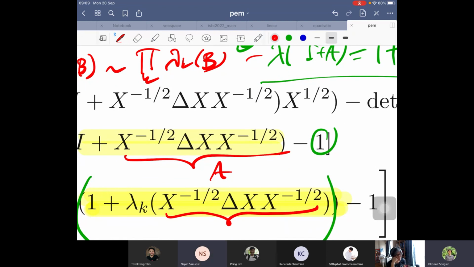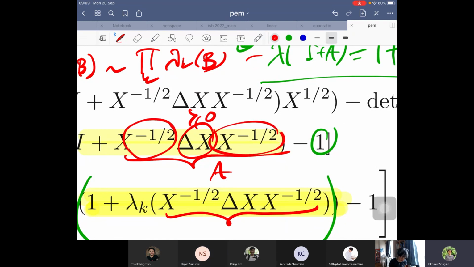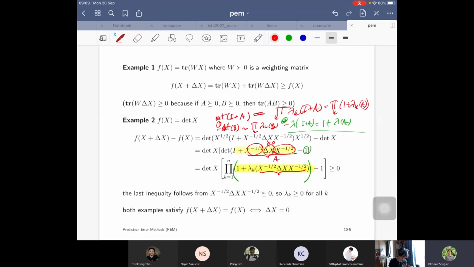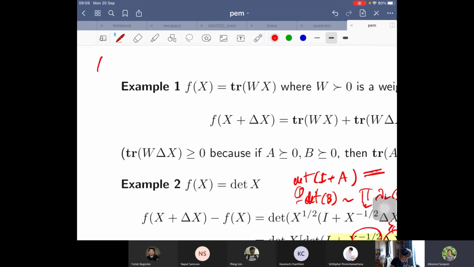Because delta x is positive semi-definite. Whenever you put a factor in the front and its transpose in the back, it doesn't change the positiveness. We always have this property. When you transform A in this sense, where B can be any rectangular matrix, this is called congruent transformation.